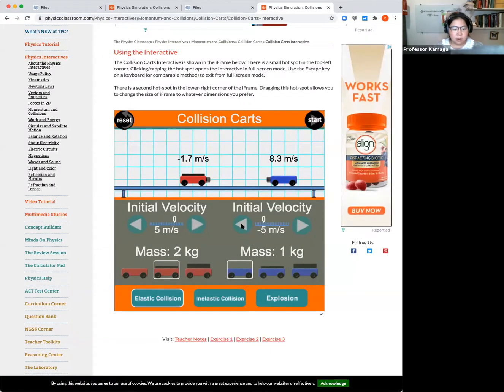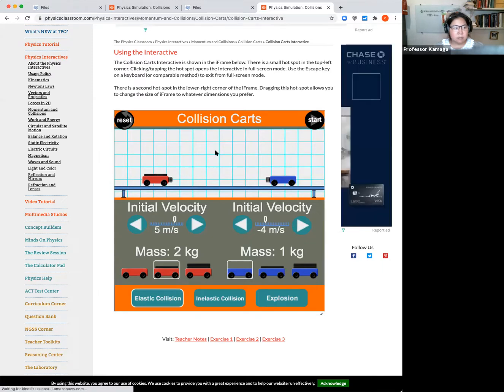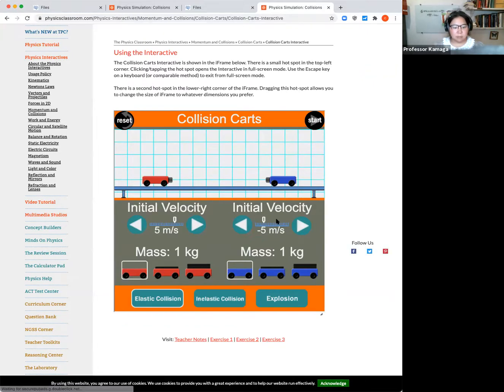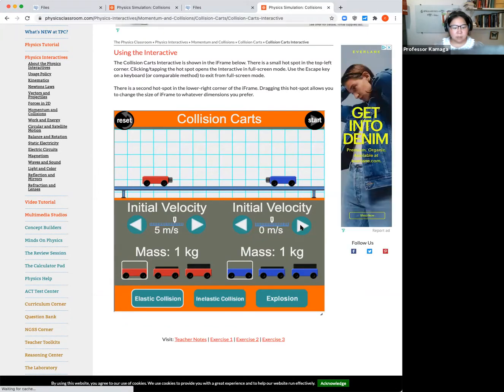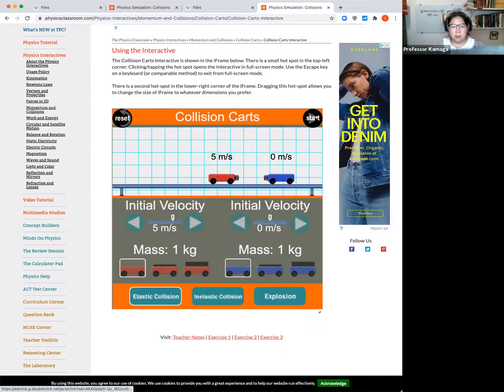So blue card initially at rest, and that red card is going to make an elastic collision. And then you're going to see what happens. Record the value after making the elastic collision of the two.